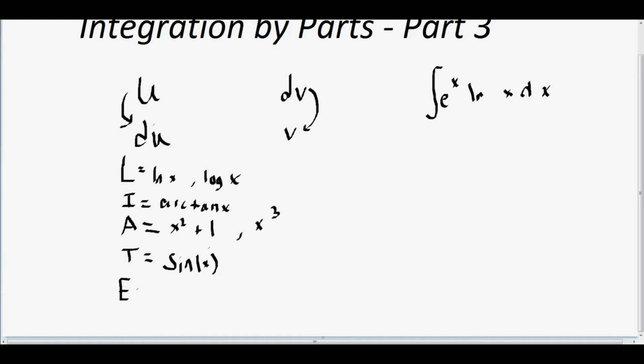And E stands for exponential, so it could be e to the x, any constant a to the x, any base to a power involving x. And again, this is to pick your u.